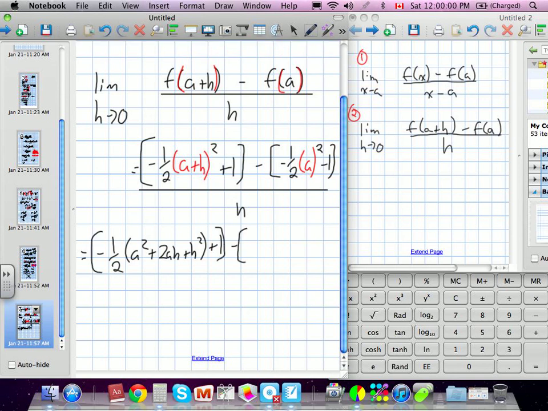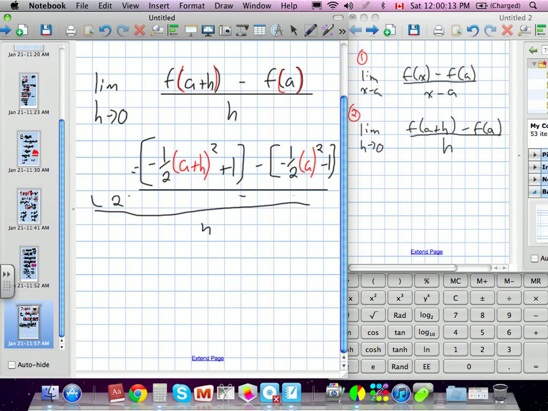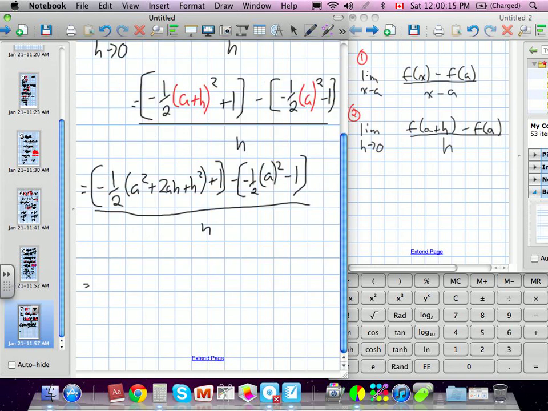Negative a half. Oh, it's just a squared minus 1. Okay, so that one worked out nice. A squared minus 1. We didn't have to square it. Divided by h. I'm going to try and go through this a little quicker. We apply that negative a half, so we get negative a half a squared minus ah minus negative a half h squared plus 1.